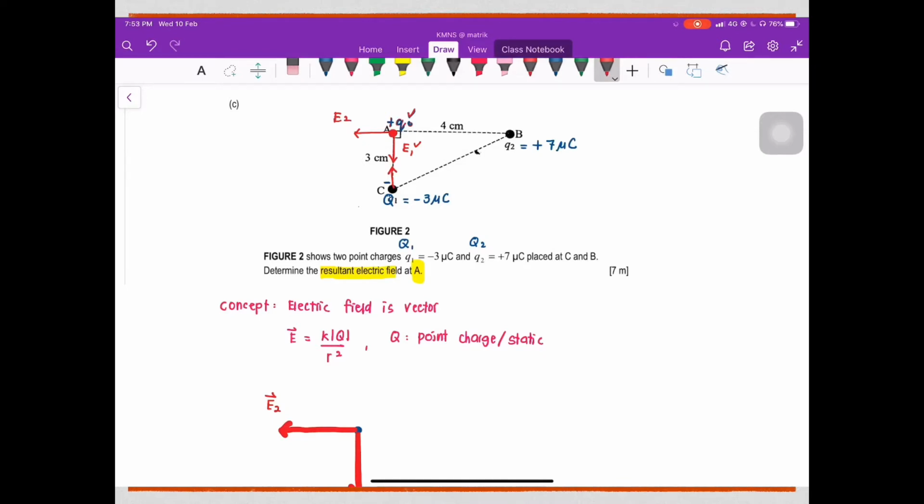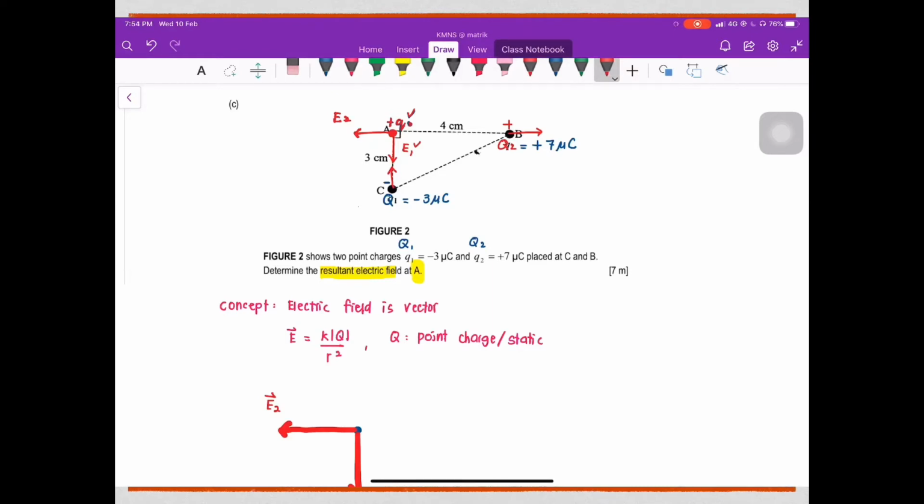Then what happened between positive Q0 and the positive Q2 here? They repel each other, so to show repel each other we must draw the arrow like this. But we focus on the Q0, so that's why we label as E2 here.